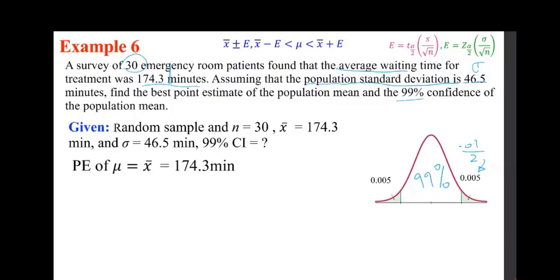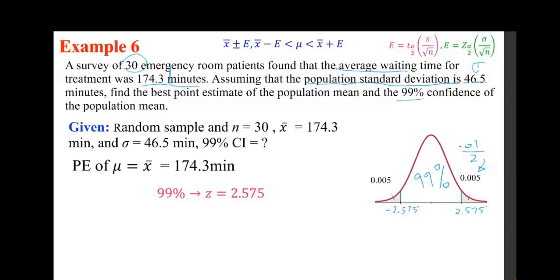And now we are dealing with a 99% confidence interval. You're using the z-score, so I hope everybody remembers. Again, this is one of those common ones, and we can look them up. So this one is negative 2.575. This one is positive 2.575.